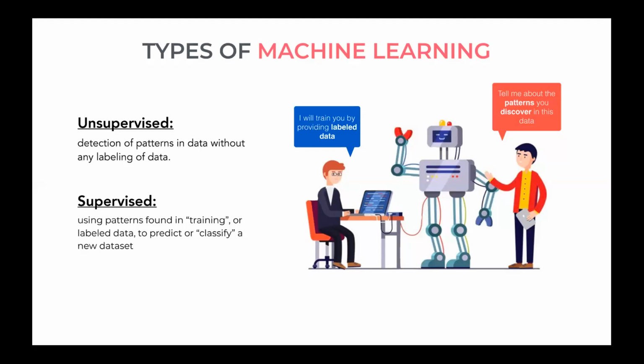We started with unsupervised machine learning techniques because we started with data which has no labels. Data with no labels, data about which we don't know much, is where we use unsupervised machine learning techniques, because we are looking for patterns within that data.